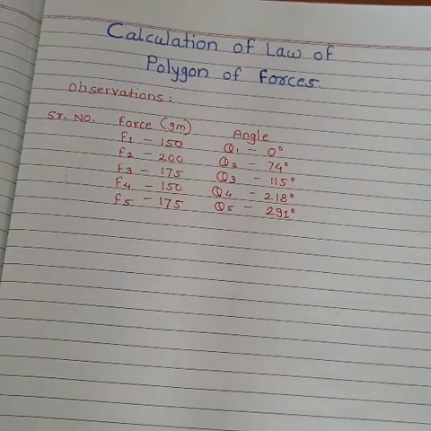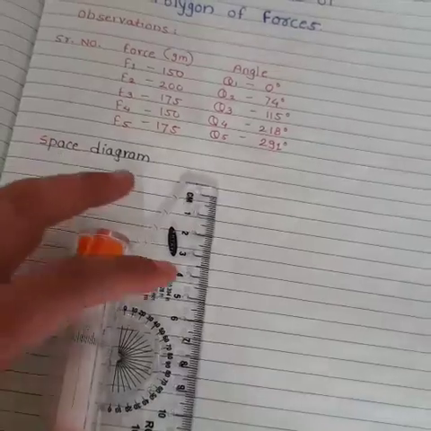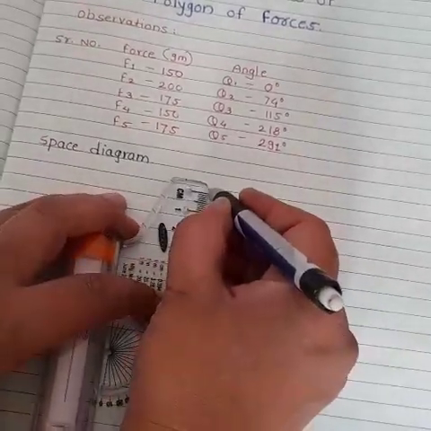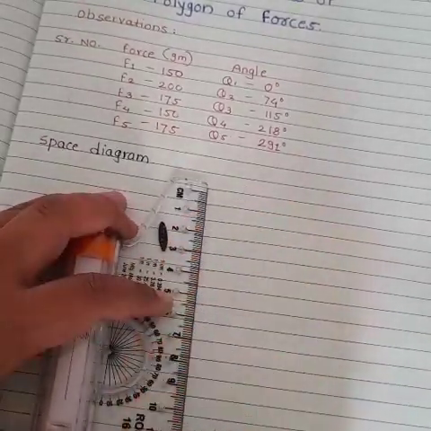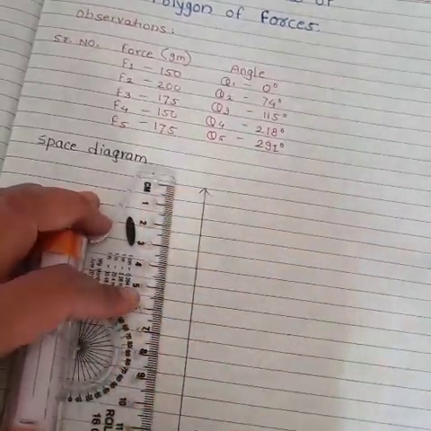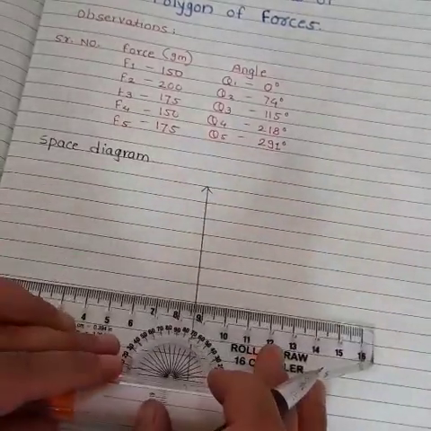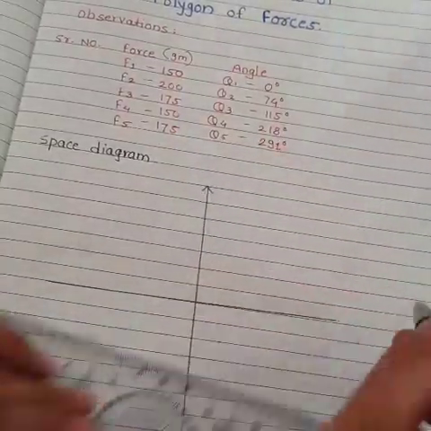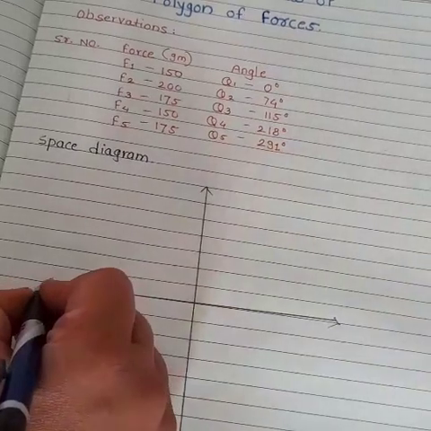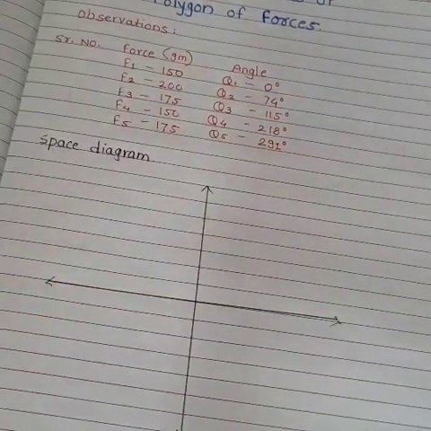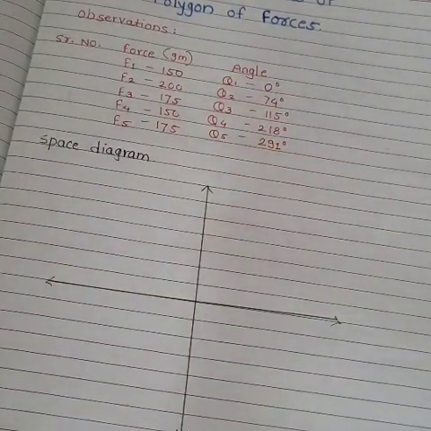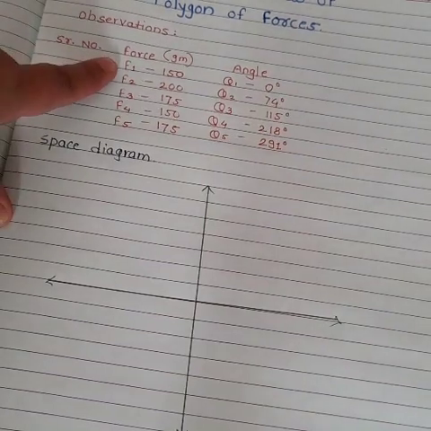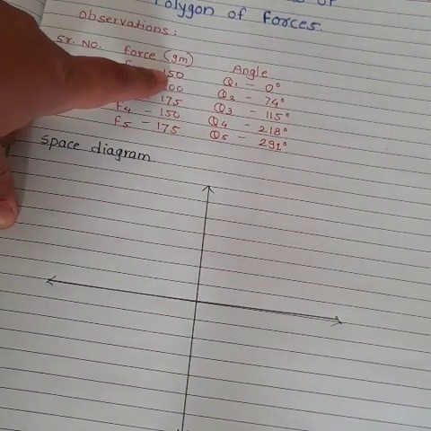Now here I am drawing the plus y axis and plus x axis. As I am writing the forces in grams and angles in theta, the first force is F1, given as 150 gram.